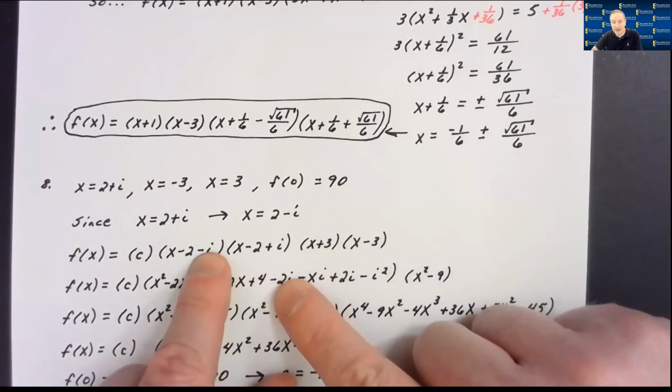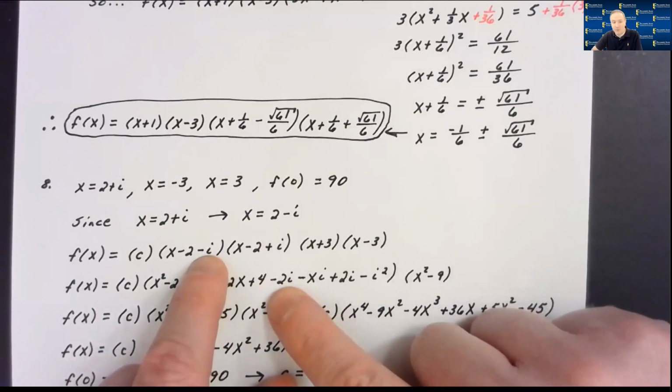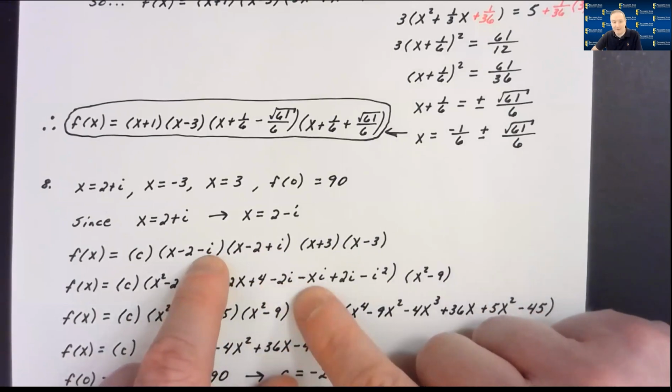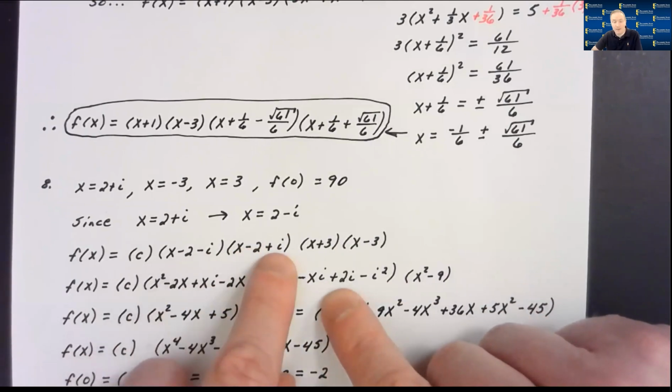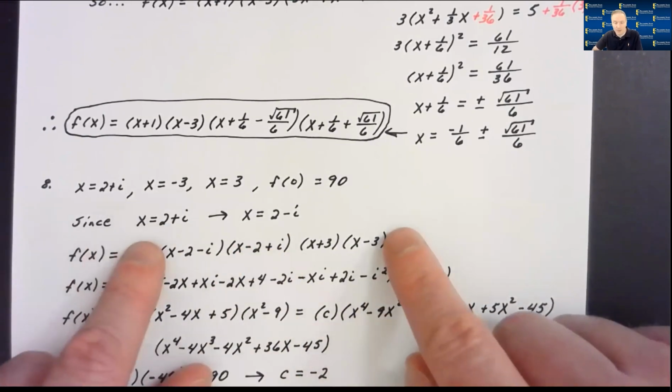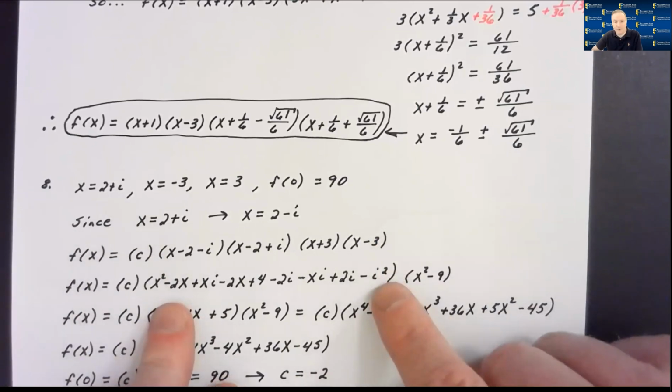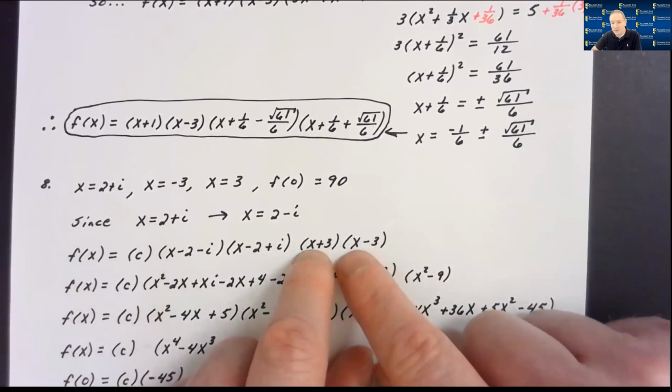Then the negative i distributes through that last group. And when I do that, I'll get minus xi plus 2i and minus i squared. Okay, so that's my term for now. These last ones, you know, oh, you're multiplying x plus 3 times x minus 3.